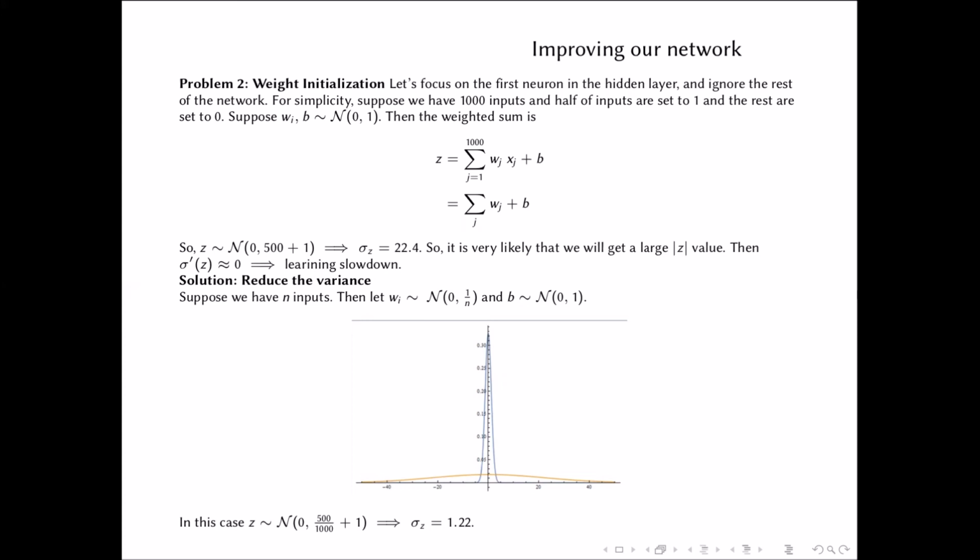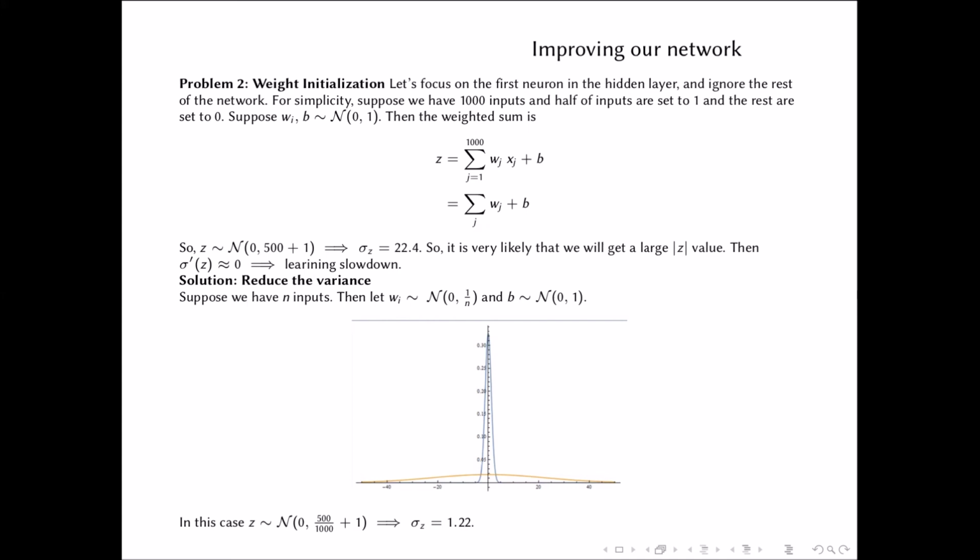So in this specific case, Z follows the normal distribution with mean 0 and variance 500 over 1000 plus 1, and so the standard deviation is just 1.22.